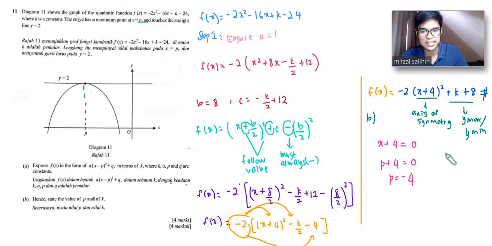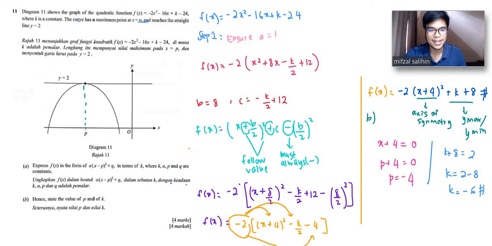For y maximum, we take k plus 8 and make it equivalent to 2. Now we make k our subject. Hence, our answer is negative 6. Alright, that's the end of the question.